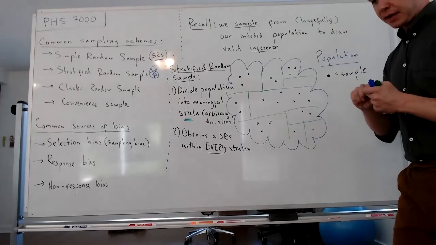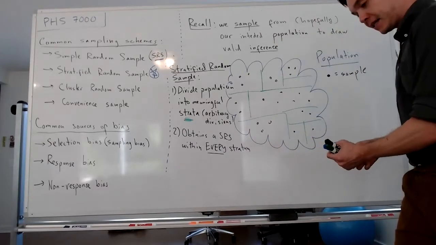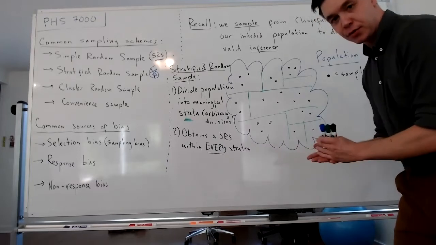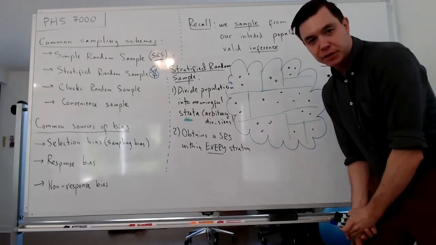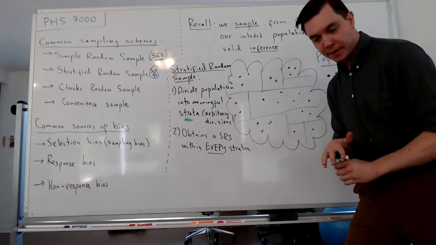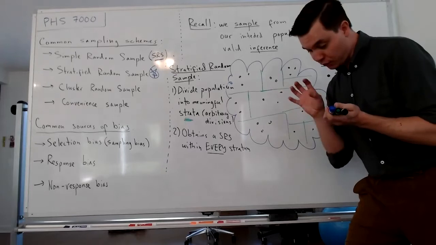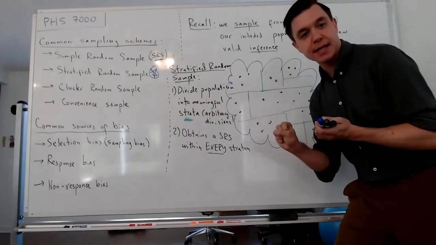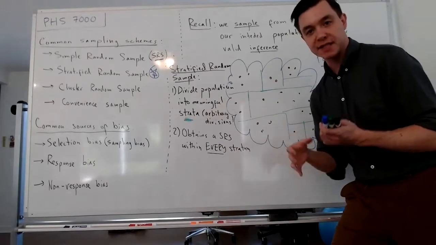So, the example to think of here is, okay, and I'll just talk to the camera. Suppose I wanted to study some kind of a child health outcome. And I wanted to make sure that my sample was as closely representative of the demographics in the state of Virginia.